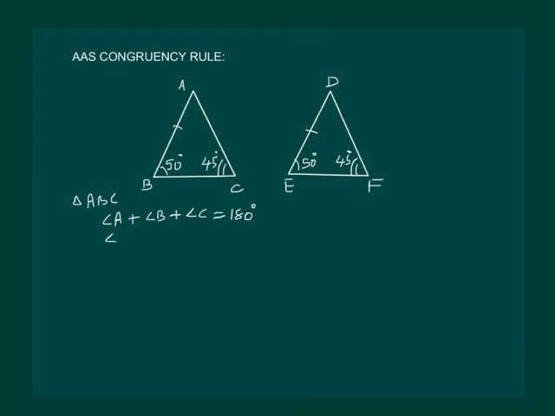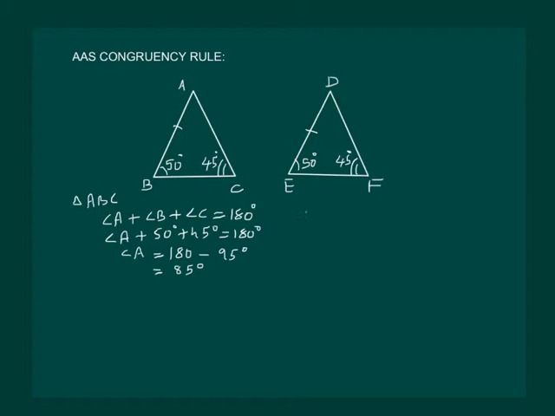So that would mean angle A plus 50 plus 45 degrees equals 180 degrees. This would give angle A equal to 180 minus 95 degrees. So angle A is 85 degrees.